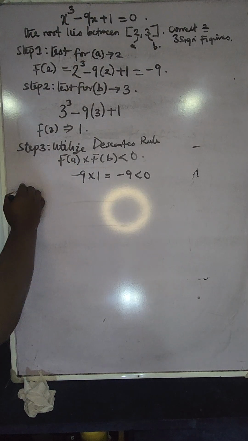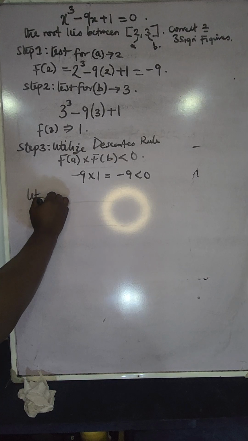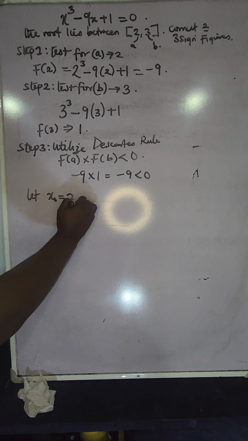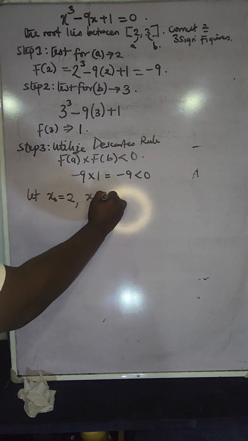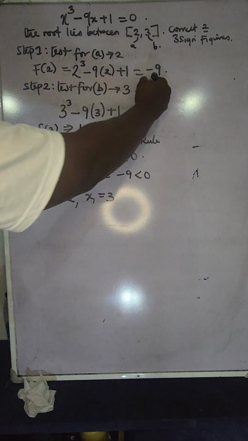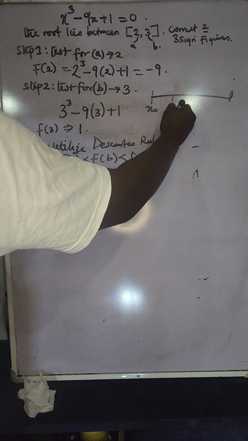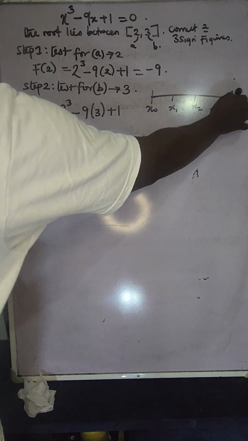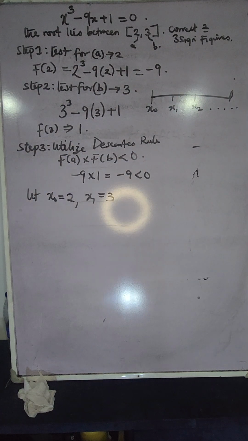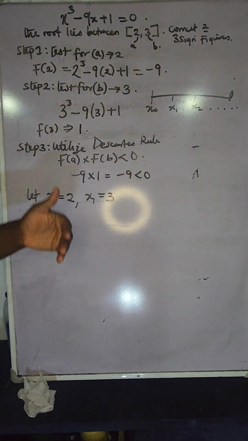So let x naught be 2, x1 be 3. In a progressive scheme, if here is x naught, the next person should be x1, the next person should be x2, and so on and so forth. Now that we have x naught to be 2, x1 to be 3, what should be our progressive scheme?